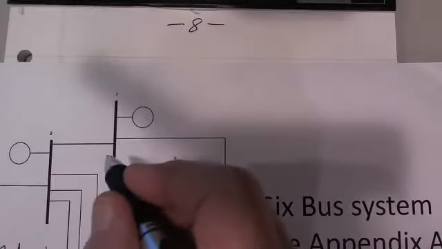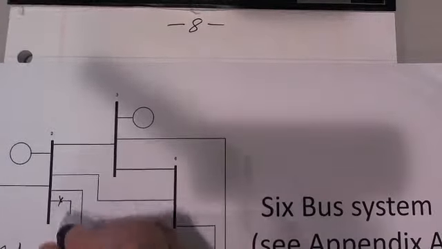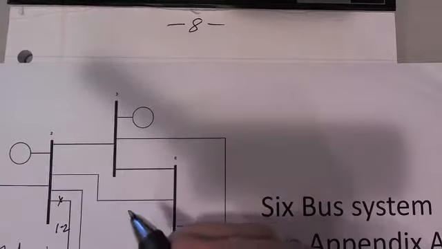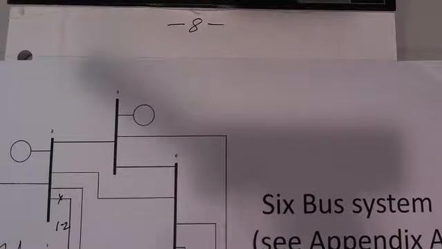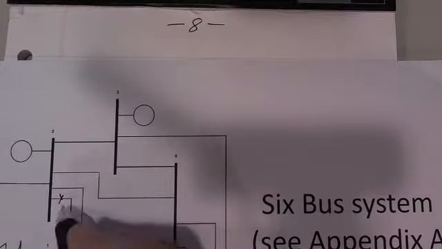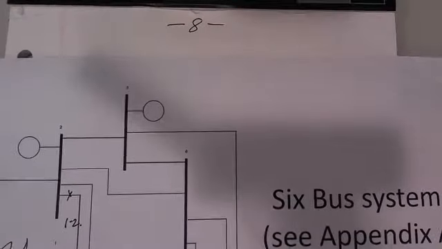So my first outage was 1 to 2. This is the 1 to 2. The next outage was 1 to 4, and that's just because of the way they're ordered. There's 1 to 4, and then 1 to 5, which is this one here. So I did this outage, then I put it back, then I did this outage, put it back, then I did this outage.